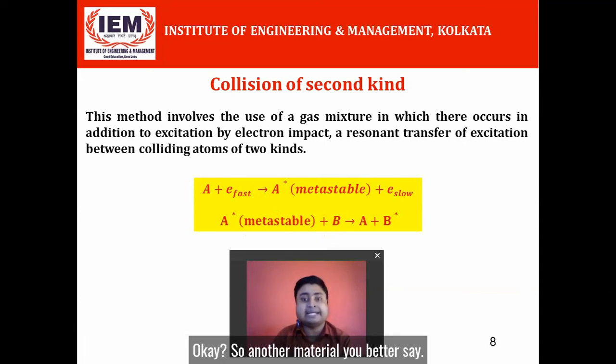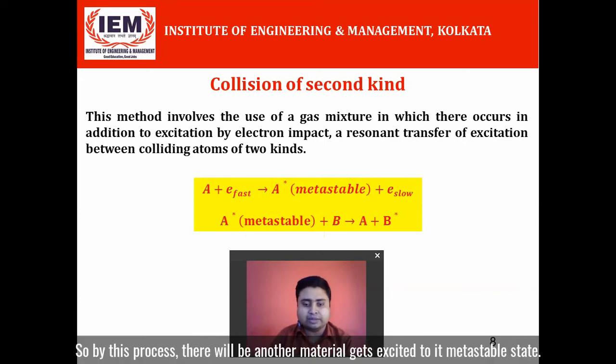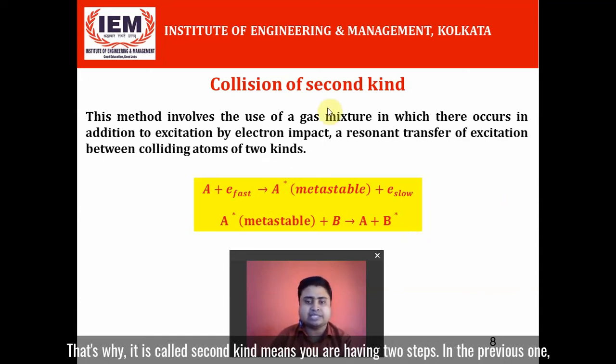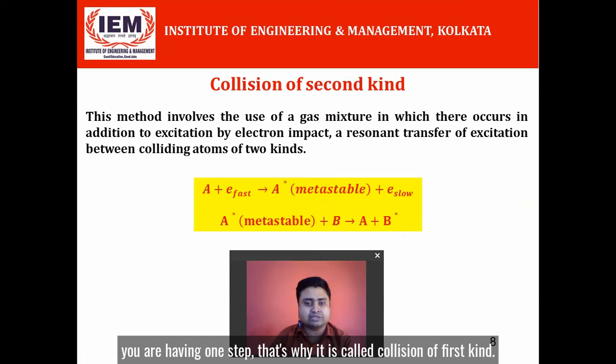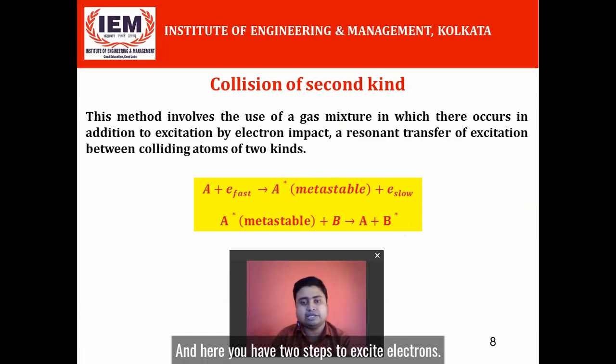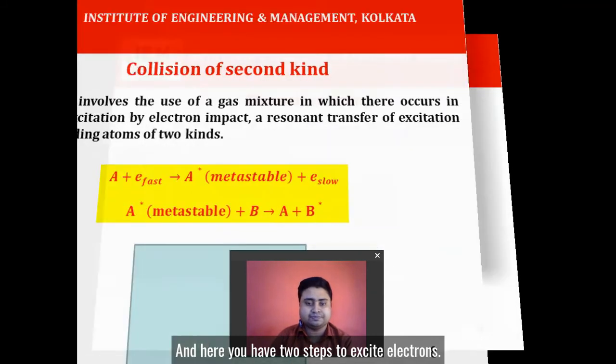So another material, you can say. By this process, this B, another material, gets excited to its metastable state. That's why it is called second kind. It means you have two steps. In the previous one you had one step, that's why it is called collision of the first kind. Here you have two steps to excite the electron.